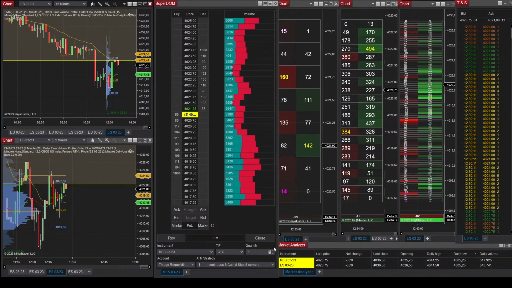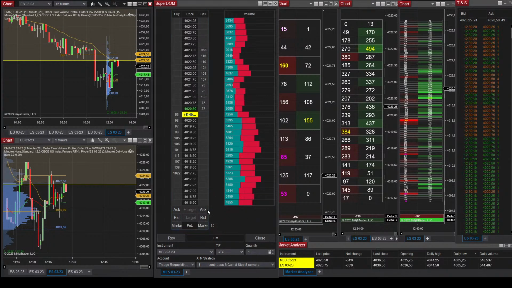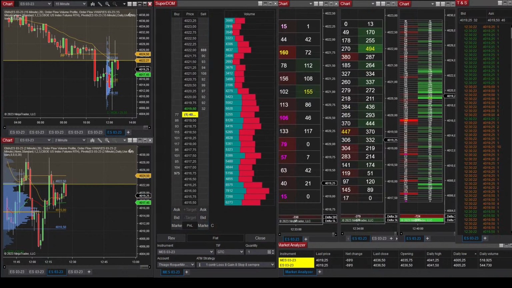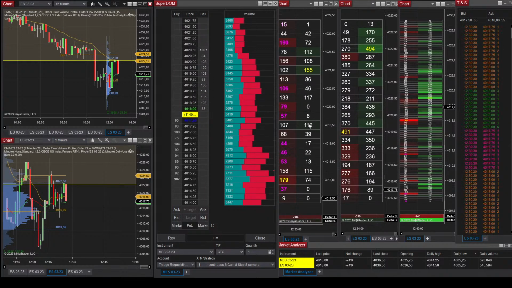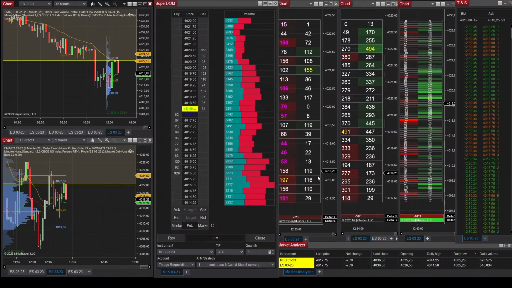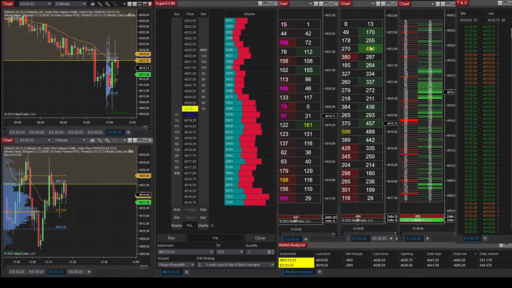Let's see. We are right at the value area low. You see, we just reached it there, and there was a quick rejection. We can here see this middle volumetric bar.